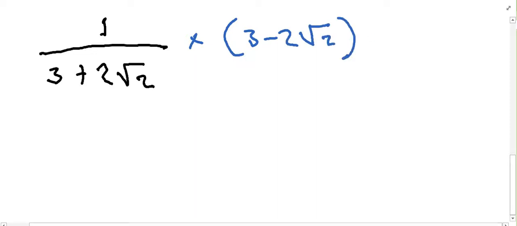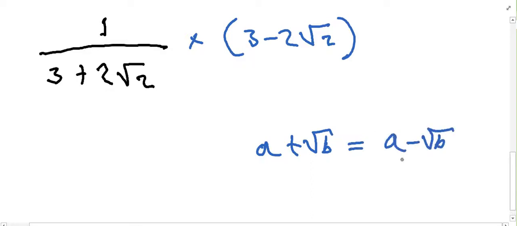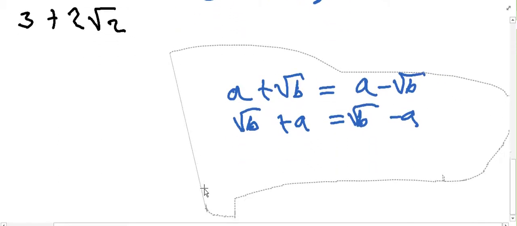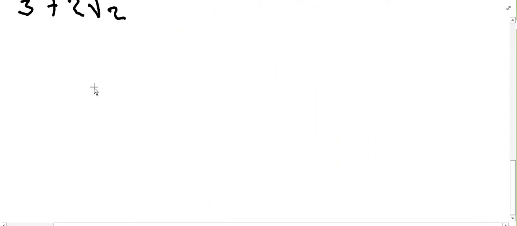When you talk of the conjugate, for example, the conjugate of A plus square root B is just A minus square root B. The conjugate is also square root B minus A. I'm pretty sure that has helped someone somewhere, and you will be able to find the conjugates of anything that you shall be given in your test, exam, or anywhere.